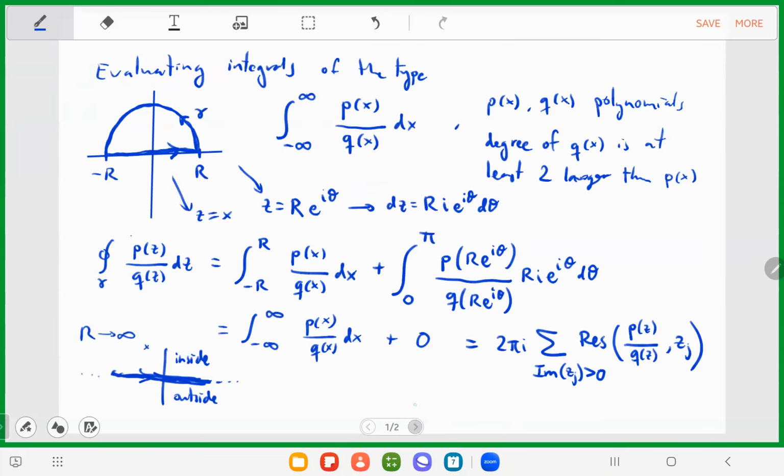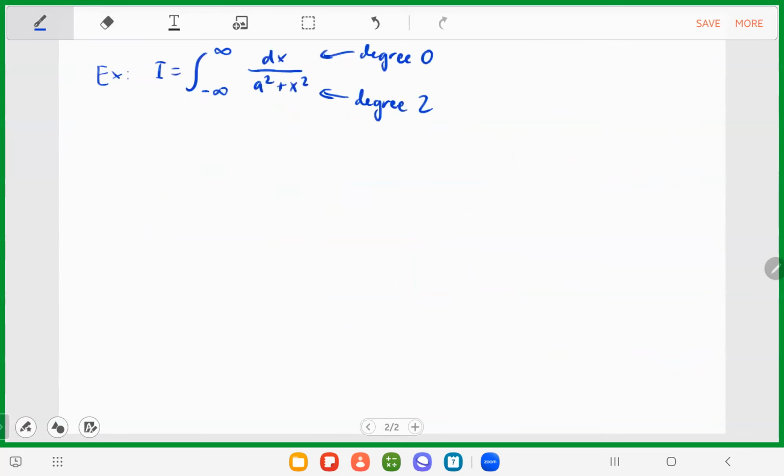But it's important to check that, because if that's not true, then this method doesn't work. Now, since this is true, I can calculate this integral just by summing the residues of 1 over a squared plus z squared for the singularities that have positive imaginary parts. So what are the singularities?